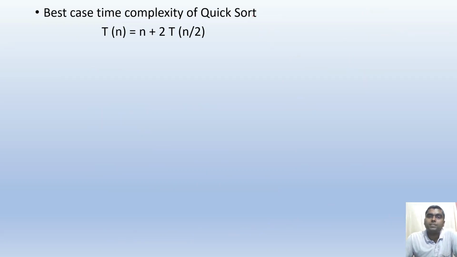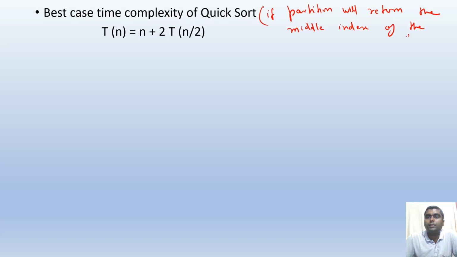So what will be the best case time complexity? In this case, if partition will break the list, or if partition will return the middle index of the array, something like that.